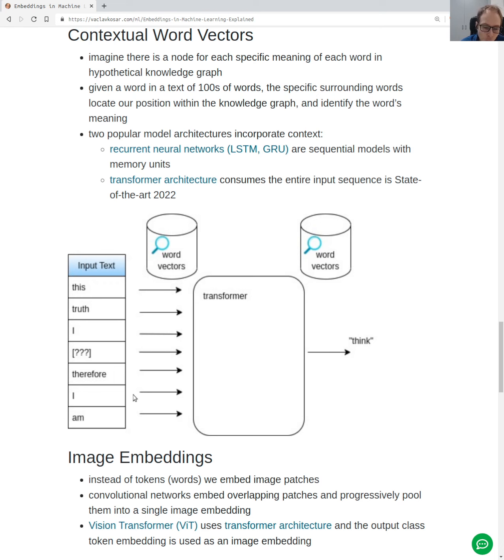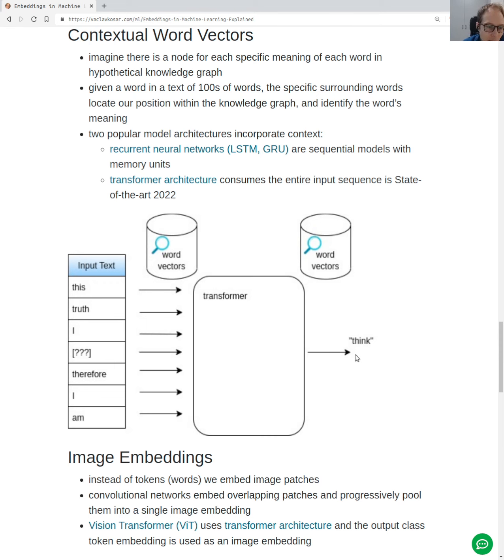We embed all words into higher dimensions, but then we need to relate them to each other. And so we add these additional layers which interrelate them. And then at the end, there is some sort of neural network that could be, for example, a transformer architecture or recurrent neural network. And then at the end, we may require the correct disambiguated word vector prediction.